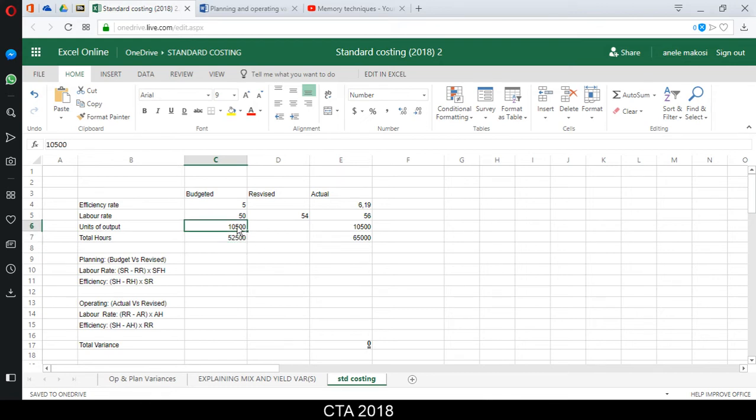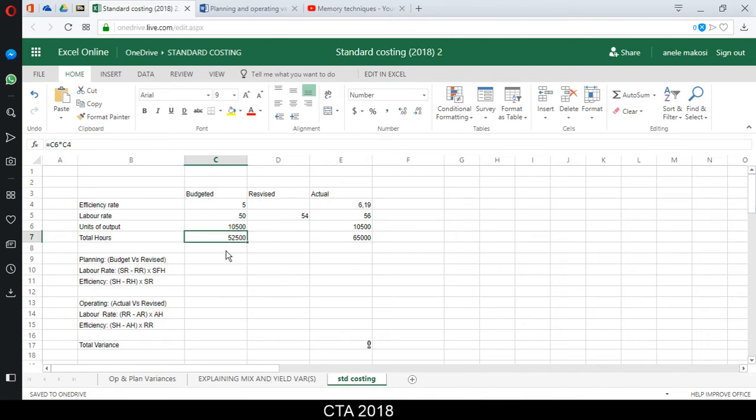Revised, there were no revised units, so the actual units again is 10.5 to get the total hours of 65,000 here. So under total hours here, I got 52.5 under the budget, being 5 hours per unit, which is the standard efficiency, multiplied by the actual units, we get 52,500.